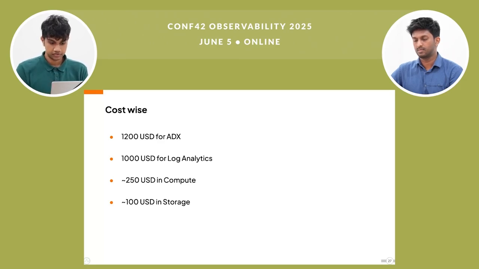Since we manage everything, for compute we use around 250 USD, and for storage it's around 100 USD. So this roughly translates to around 70% overall cost savings, and it also gives us more flexibility, more control and better performance.